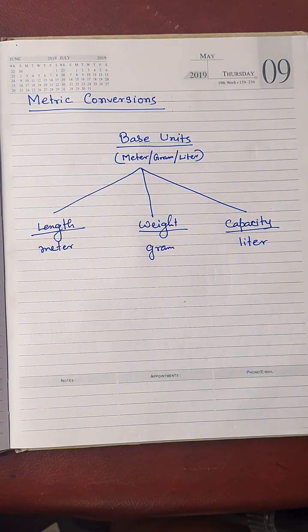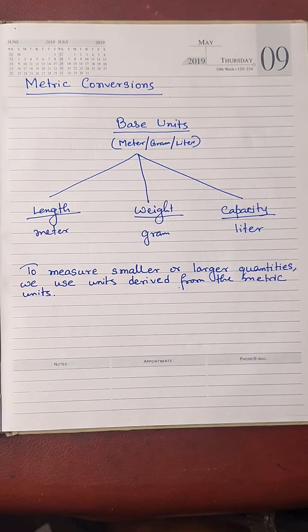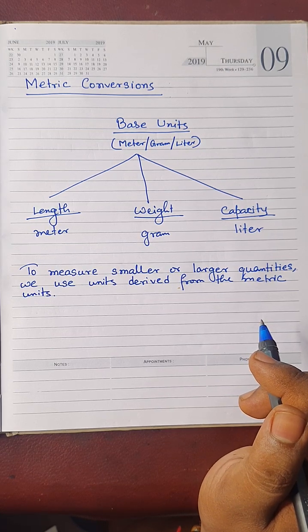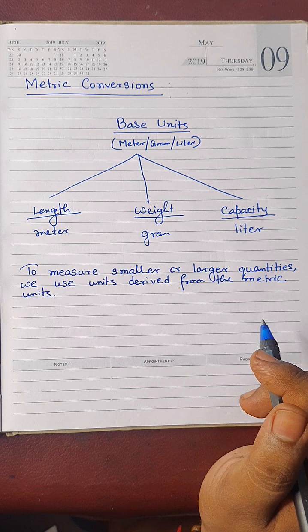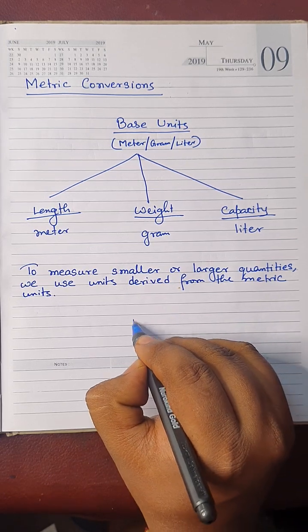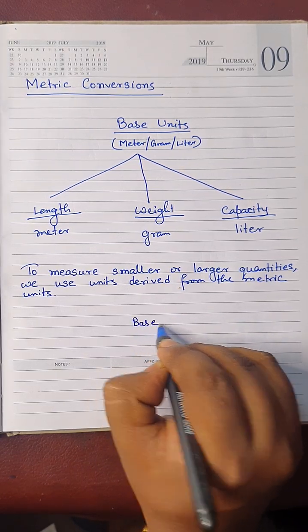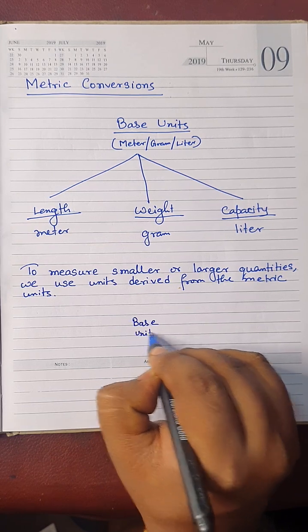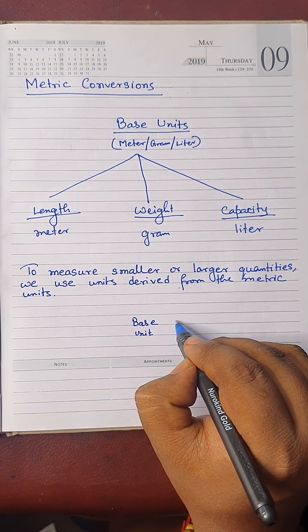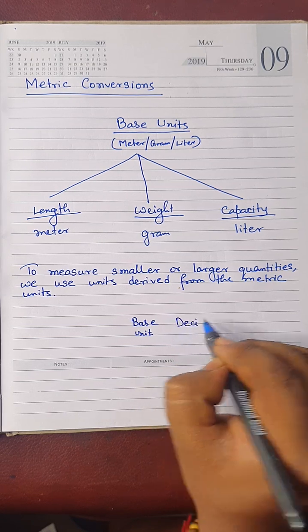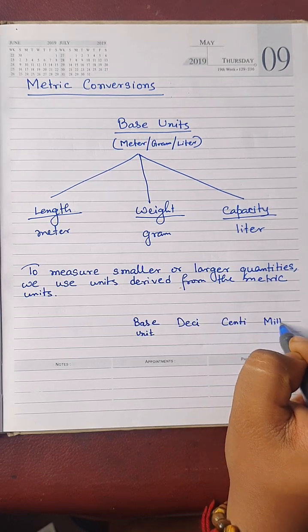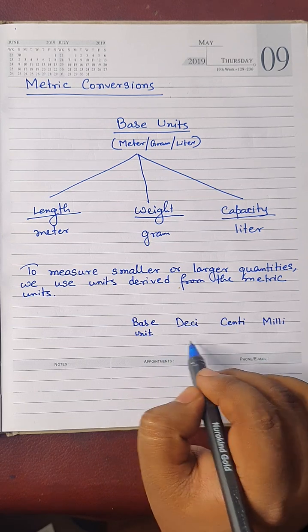Okay, is it clear? To measure smaller or larger quantities, we use units derived from the base units, like I am writing here. If it is the base unit, on the right side it will be deci, then centi, then milli, and these are the smaller units.